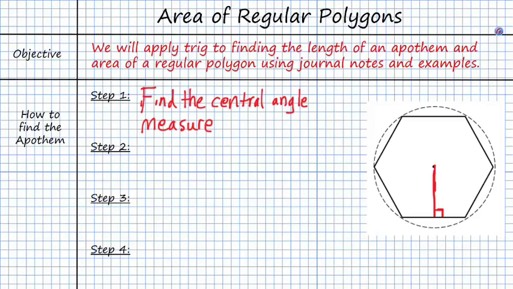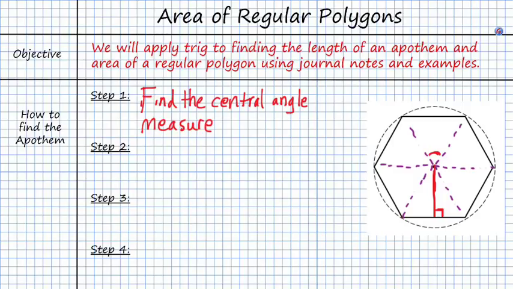Well, by finding the central angle measure, really what we're doing is we're going to cut this hexagon into triangles. And so if I find one of these individual angles here, then it gives me some information related to my apothem.